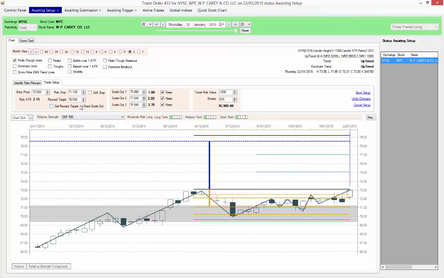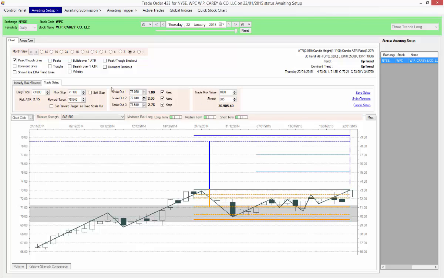Now this tab is broken up into 3 sections. There's the entry price, the risk stop, and the reward target, as shown to you. There is an area here related to reward, and there is the actual number of shares and risk in dollar figures, capital, that we're going to use for this trade.